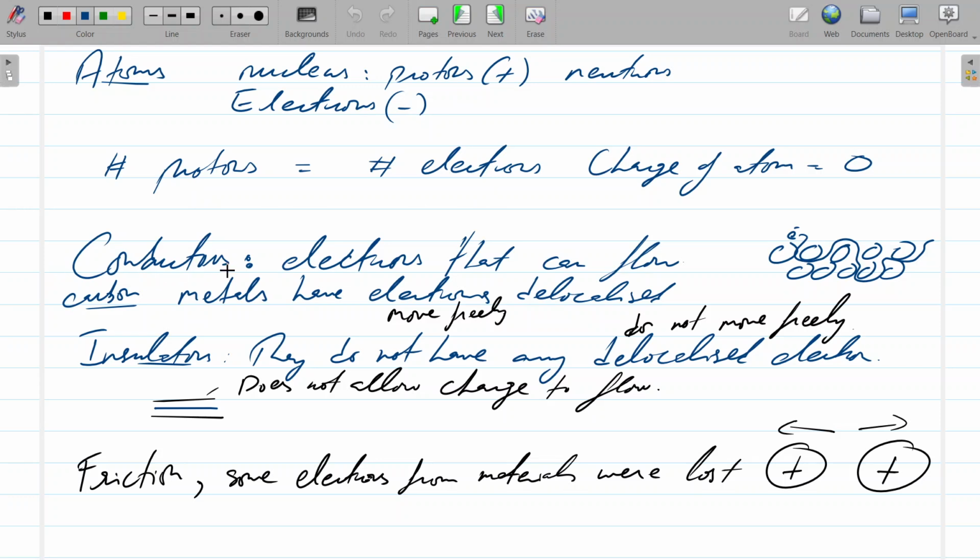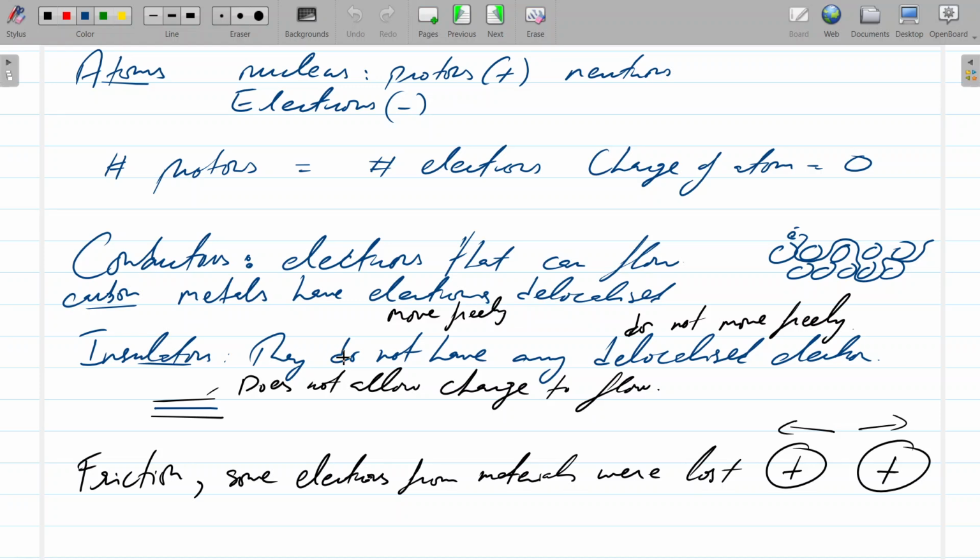Conductors are materials in which electrons can flow, right? And so metals are very good conductors of electricity because they have delocalized electrons that can flow throughout the structure of the metal, right? Carbon in some cases can conduct electricity, for example, graphite, which is made of carbon.